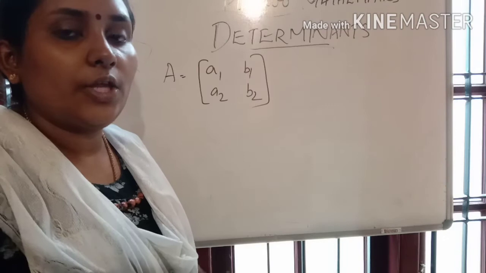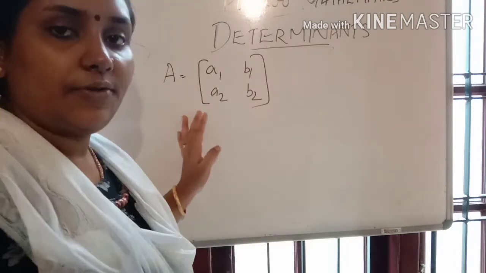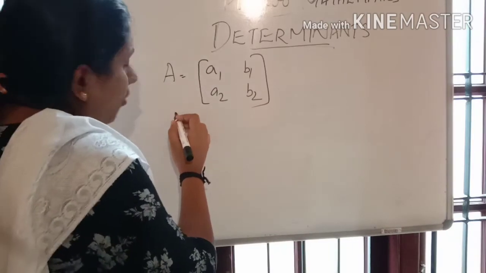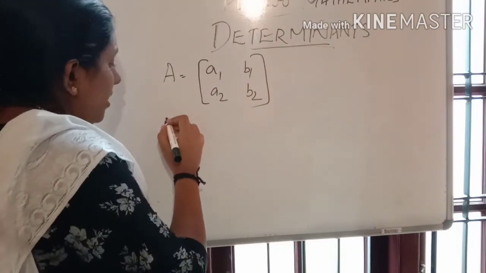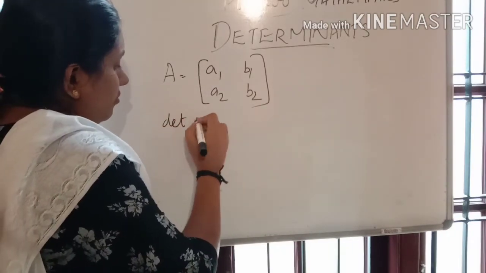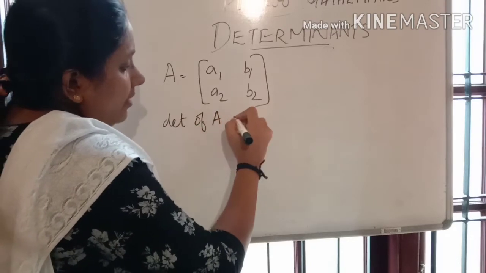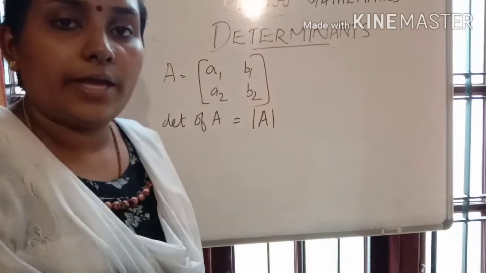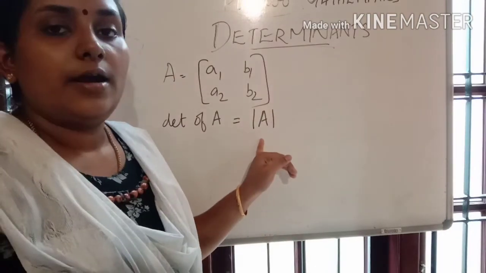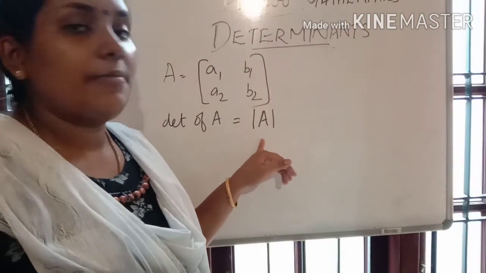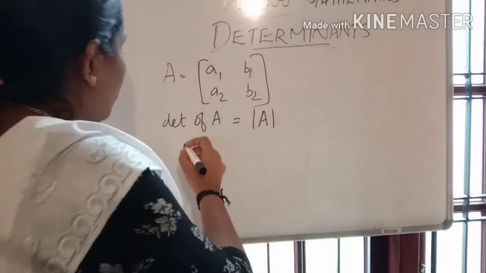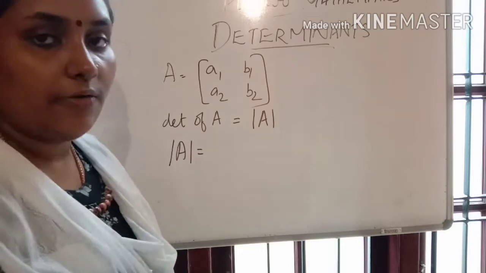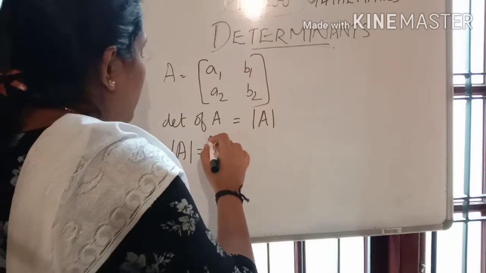To find the unique solution for this matrix, that is the determinant of A. How can we find the determinant of A? The determinant of A can be written using the matrix with entries a1, b1, a2, b2.